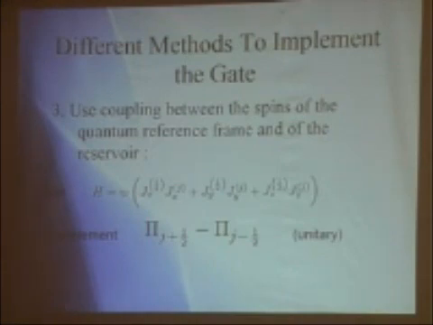Those two chi are just projections into the total angular momentum space of j plus 1/2 and j minus 1/2. For those who understood this expression, this pretty much looks like a phase gate, just in a larger space.